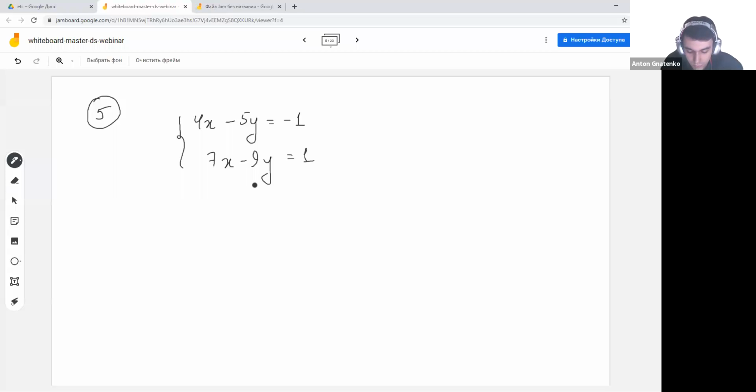The question is to find the solution, and then we take only the value of y and put it in the answer. So y equals something.